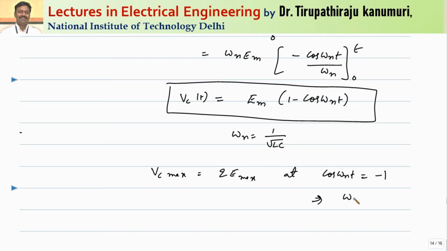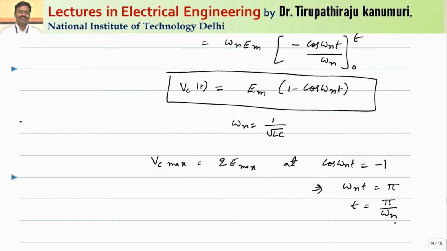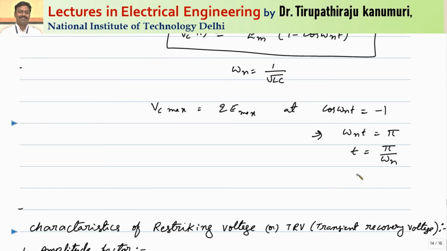So we can tell that omega nt will be equal to pi, or from this t is equal to pi by omega n, where omega n is the natural frequency of oscillations. Or from this I can derive t is equal to pi into root LC, since omega n is equal to 1 by root LC.